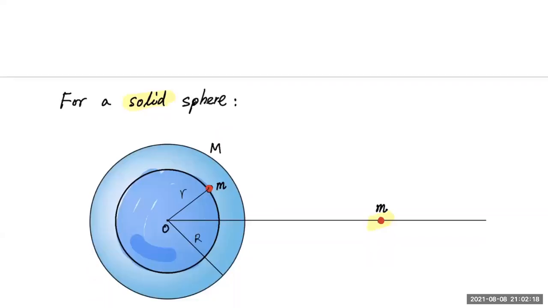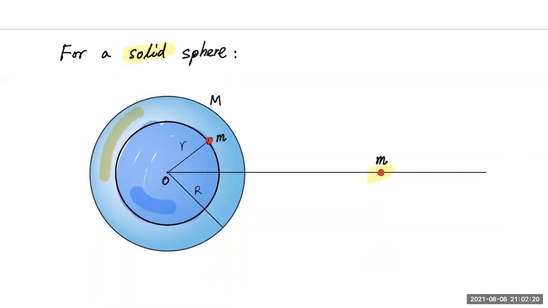This shell is centered at point O. What is the force exerted by that shell on that point mass? Well, according to Newton's shell theorem, that's equivalent to a point mass at the center of the shell right here. So we can replace this shell with a point mass at the center, and then we can replace another shell with a point mass at the center, and so on.